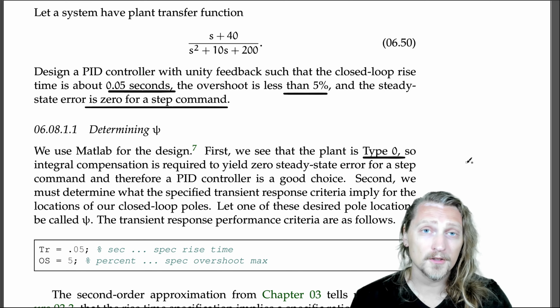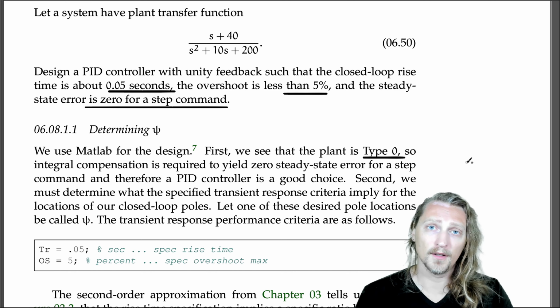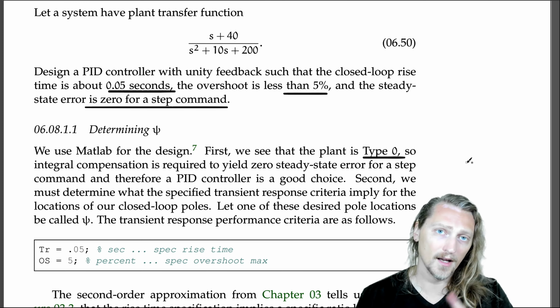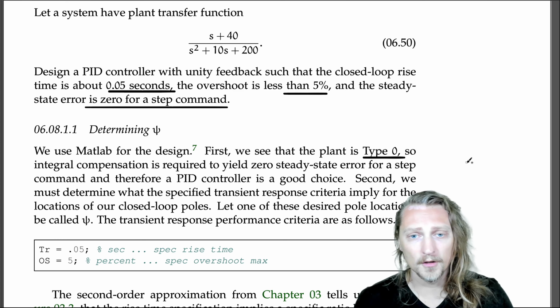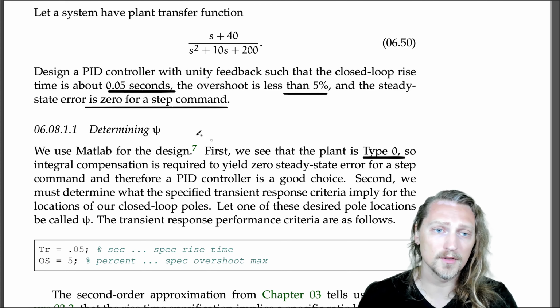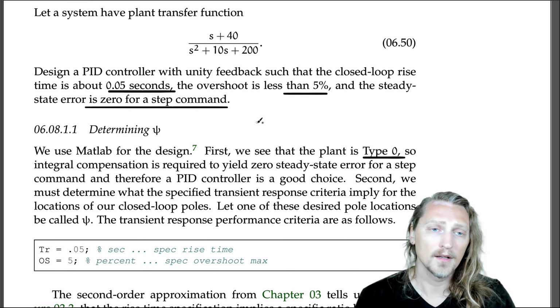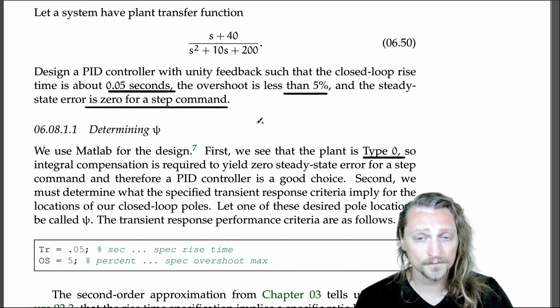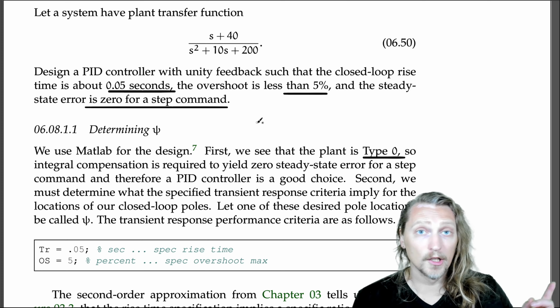And the integrator can be introduced using integral compensation. So a PI, the I part of it, D controller. So the integral compensator is required to meet this step command steady state error requirement. So PID is looking good.